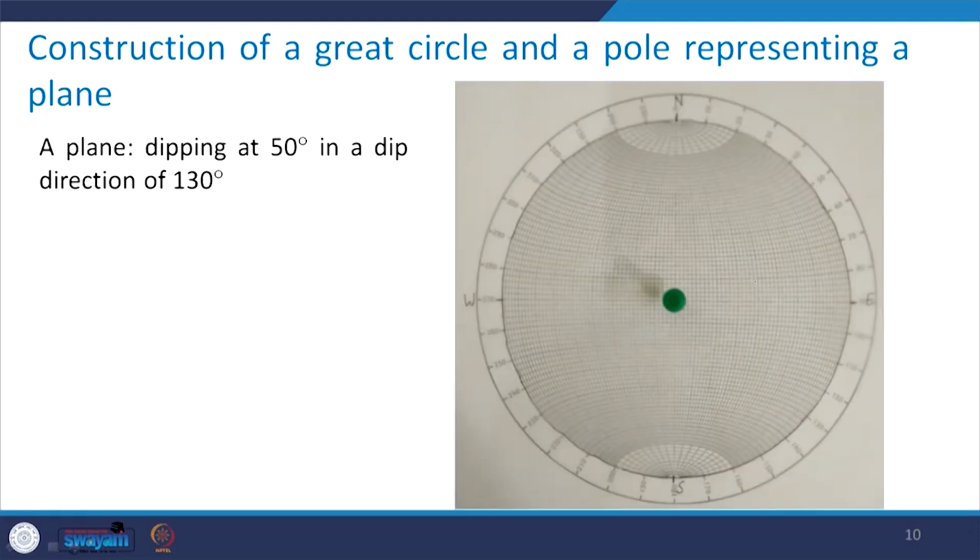Here you see the stereo net, and on top of that I have placed the tracing sheet, and at the center I have pinned it. I mark it here as north, this will be south, this is your east direction and this is west.